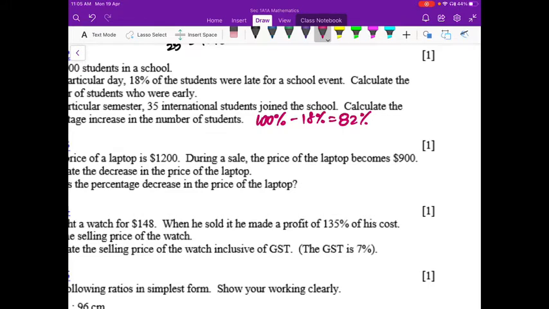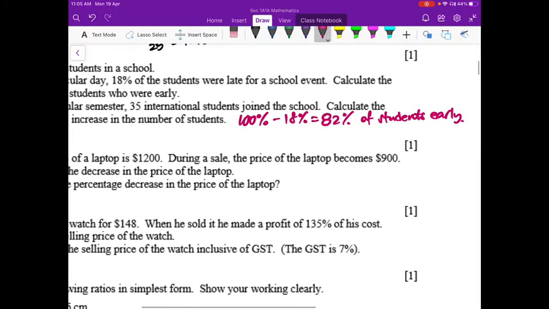Okay. So you see, if you write 100% minus 18% equal 82%, I don't know what you're doing, unless you tell me, 82% of students early. Okay, on time is not wrong also, but they talk about early, so I'll use early. So 82% of students are early.